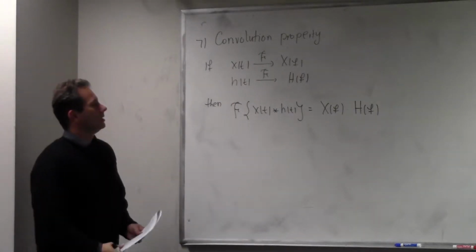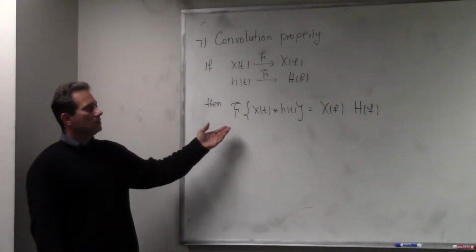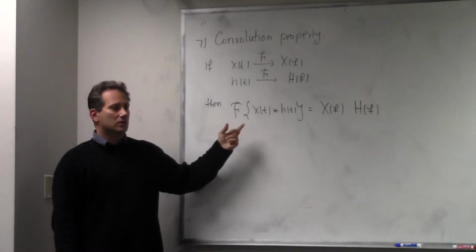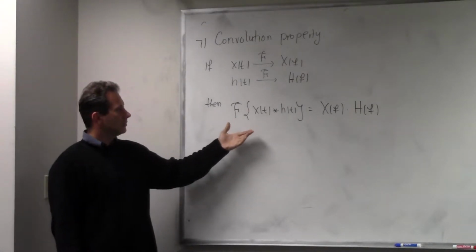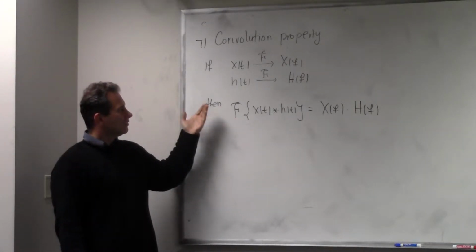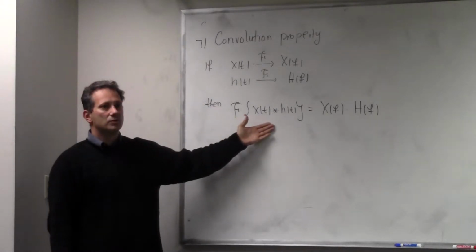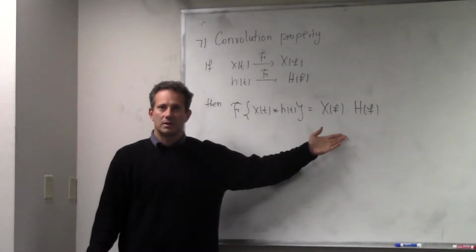So we already know that this is very significant, because what we see here from the outset is that the Fourier transform turns convolution into multiplication.